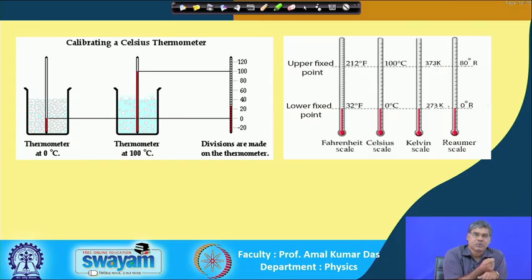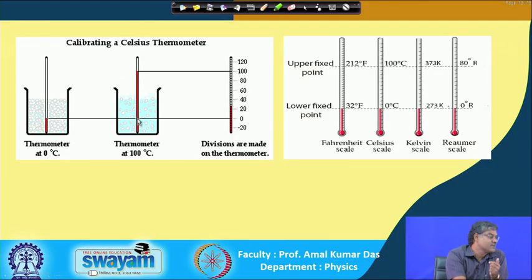So now, if we put it in a thermal bath and heat it, its temperature will increase, and the upper end of the mercury will go up.